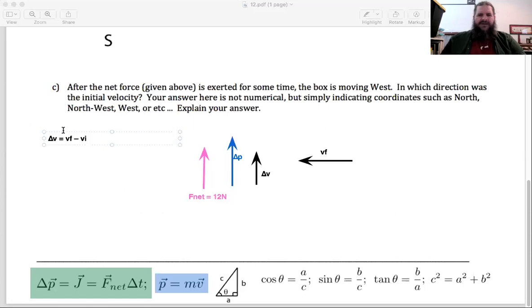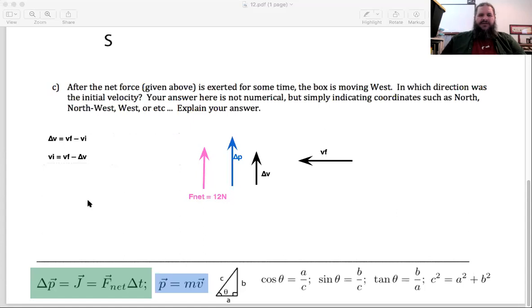And if we want to find v initial, how would you solve for v initial here? How would you isolate v initial in that equation? Yeah, we add v initial to both sides and then subtract delta v.